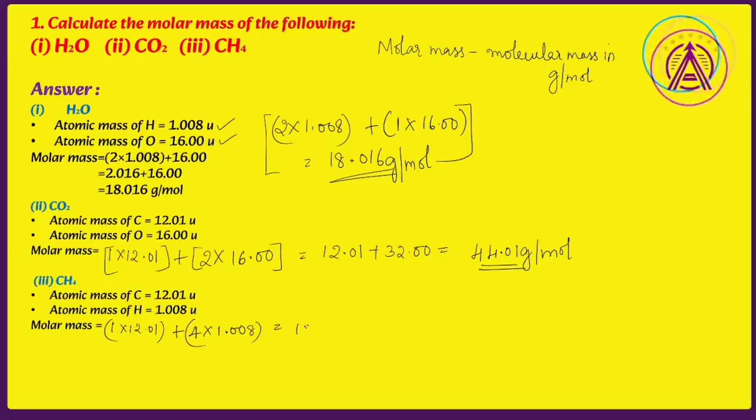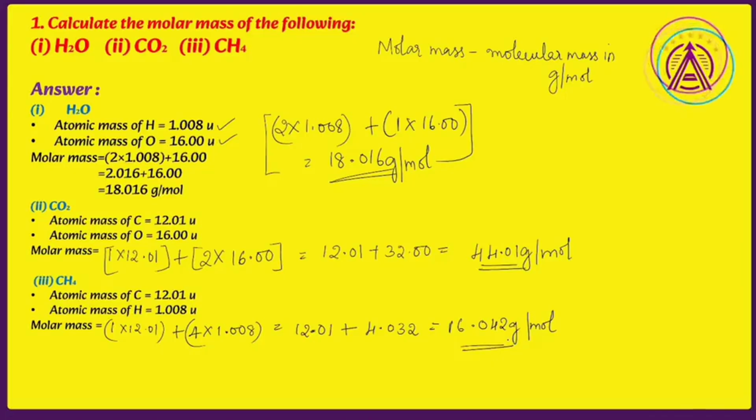So I get 12.01 plus 4.032, which gives me 16.04 grams per mole. It's a very straightforward question. I hope it's clear to you. Let's move on to the next question.